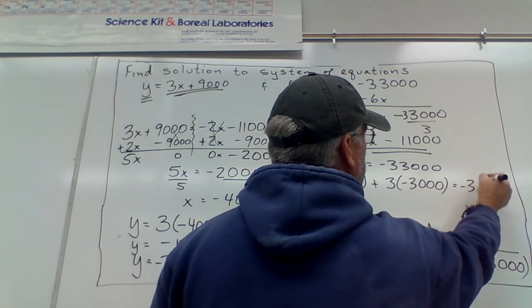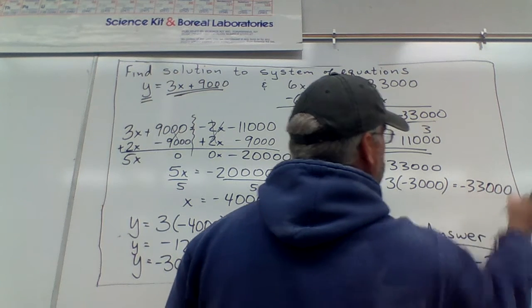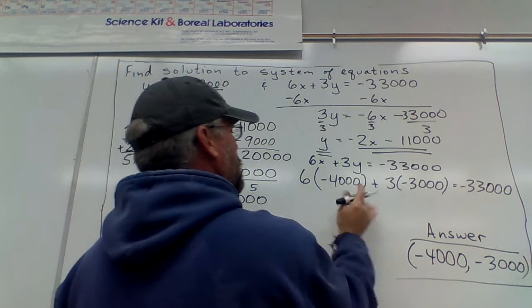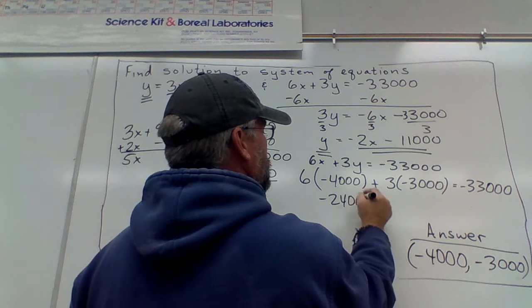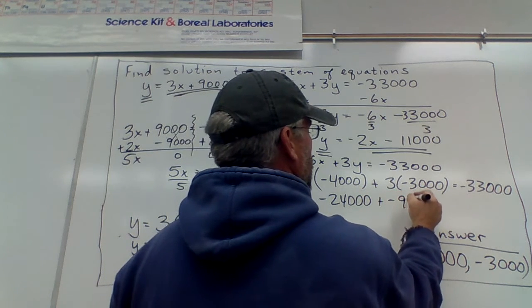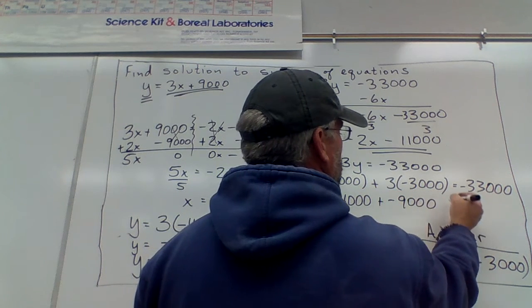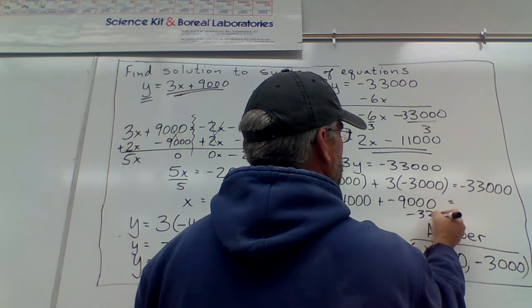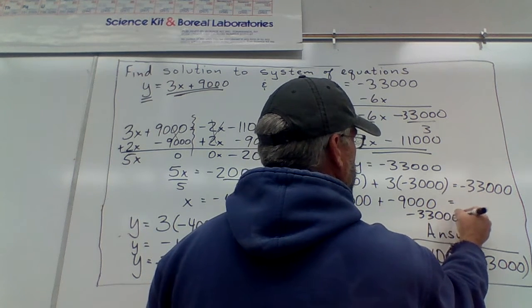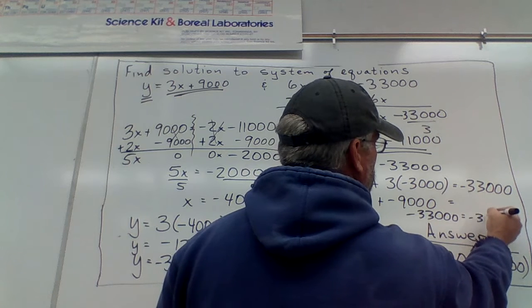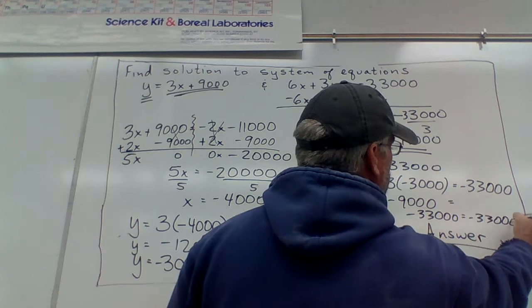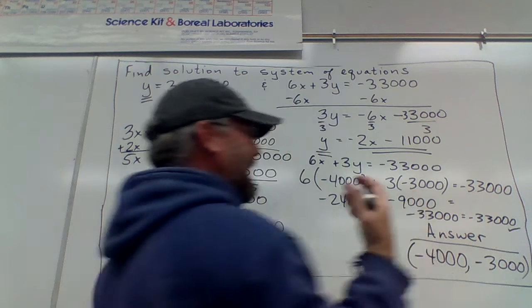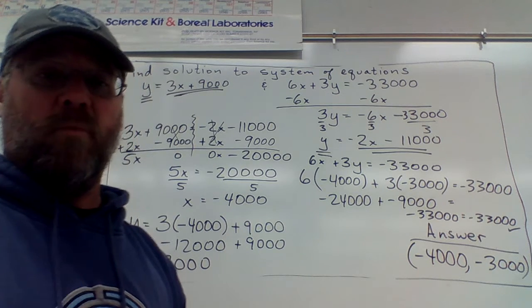Does that equal negative 33,000? And so here is negative 24,000 plus negative 9,000. And guess what? That is negative 33,000. So that equals negative 33,000. I have a check, and I now know I am right.